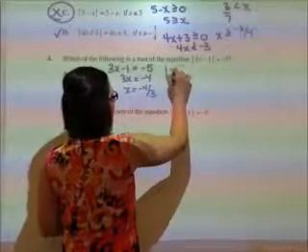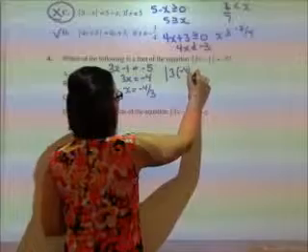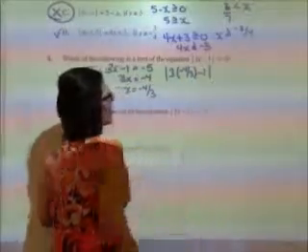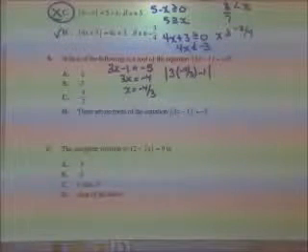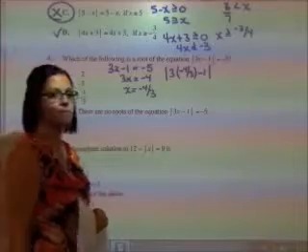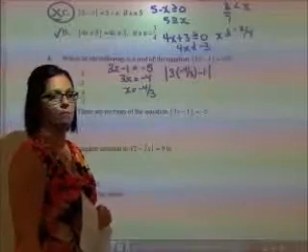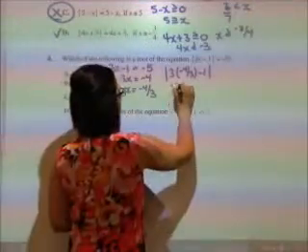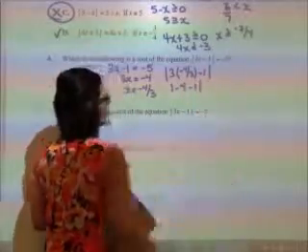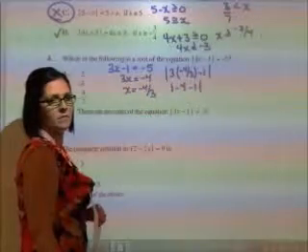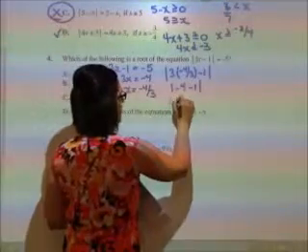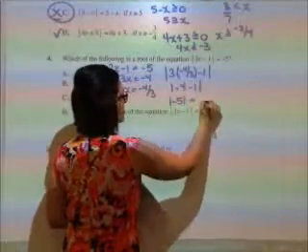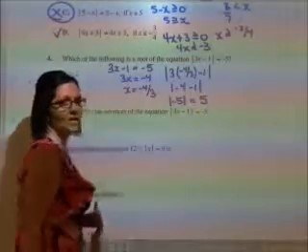So if I take 3 and I multiply it by negative 4/3, what do I get? And what's negative 4 minus 1? And what's the absolute value of negative 5? And does that equal the right-hand side?